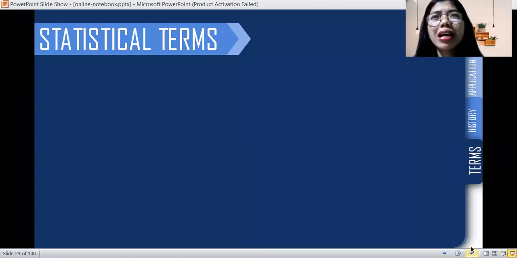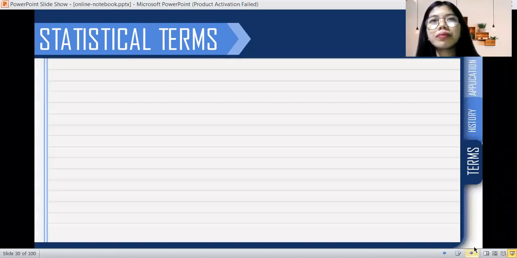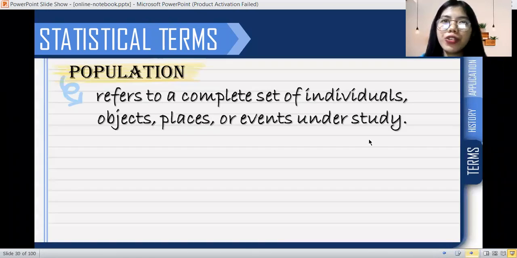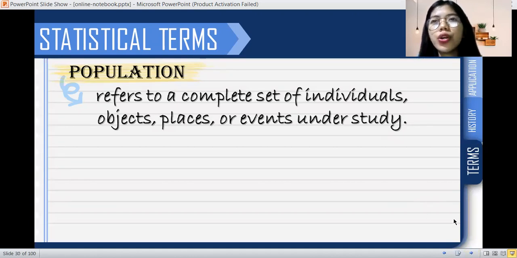Now, let's move naman sa mga different statistical terms. Ayan po, malalaman na po natin kung ano nga ba yung mga terms na ginagamit natin sa statistics. First, we have the population. This refers to a complete set of individuals, objects, places, or events under study. Complete set, sabi niya dito.